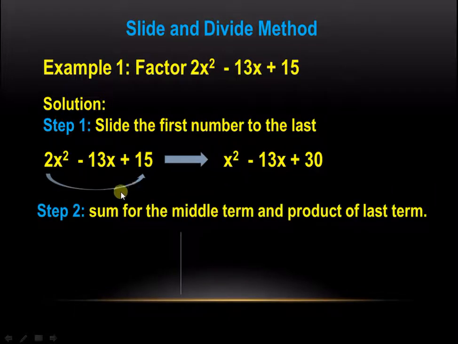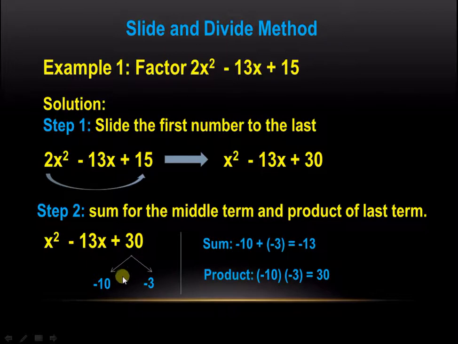Second step is to get the sum for the middle term and the product of the last term. We already have this discussion before, so let's find out what are the factors of 30 that will give us negative 13 when we add them. So the sum of negative 10 and negative 3 is negative 13, which is the middle term, and the product of negative 10 and negative 3 is 30.